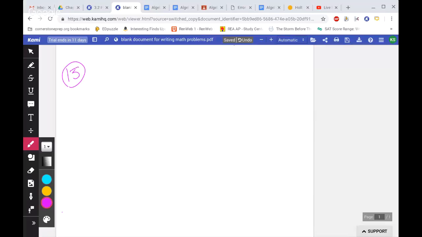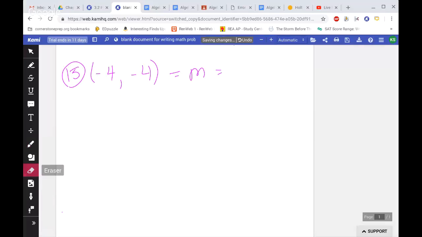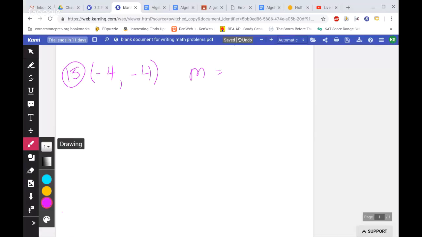So number 15, once again, we're supposed to write an equation in standard form that goes through the given point, which here is (-4, -4), and m equals -3/2.